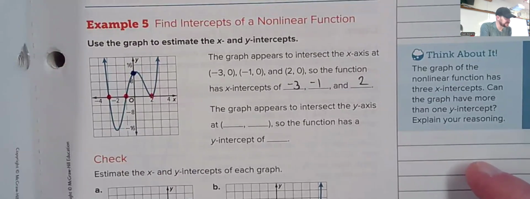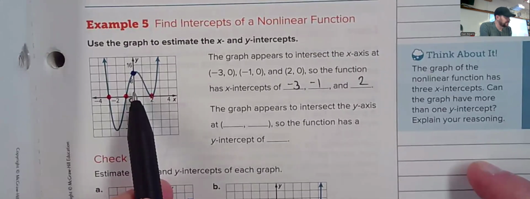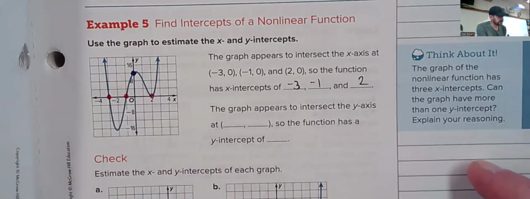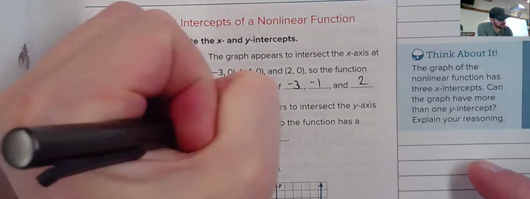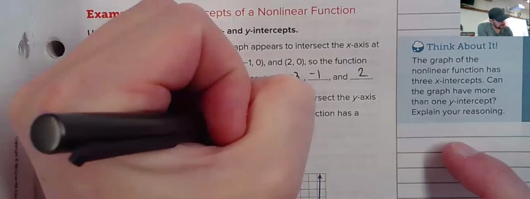Yeah. Why is it 12 and not 3? Every line is 4, right? Oh. Yeah. 4, 8, 12, 16. So this would be the point 0, 12, which means we have a y-intercept of 12.